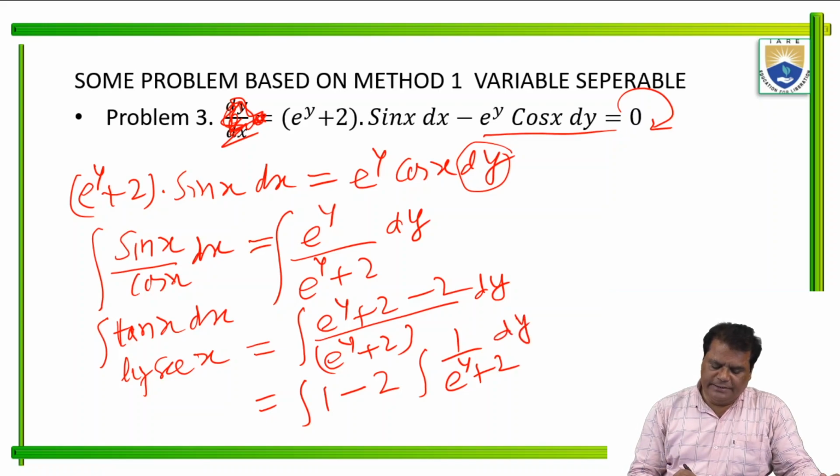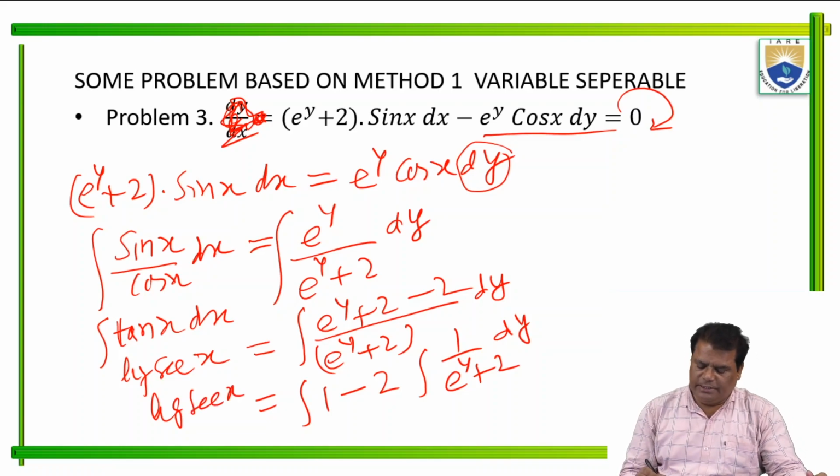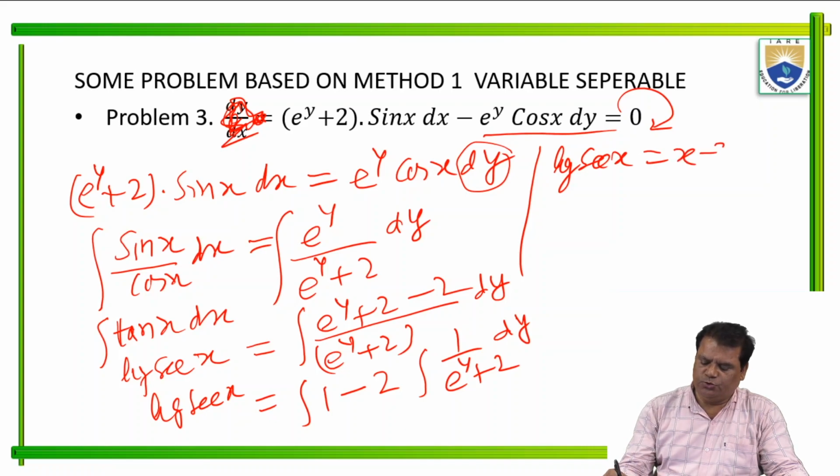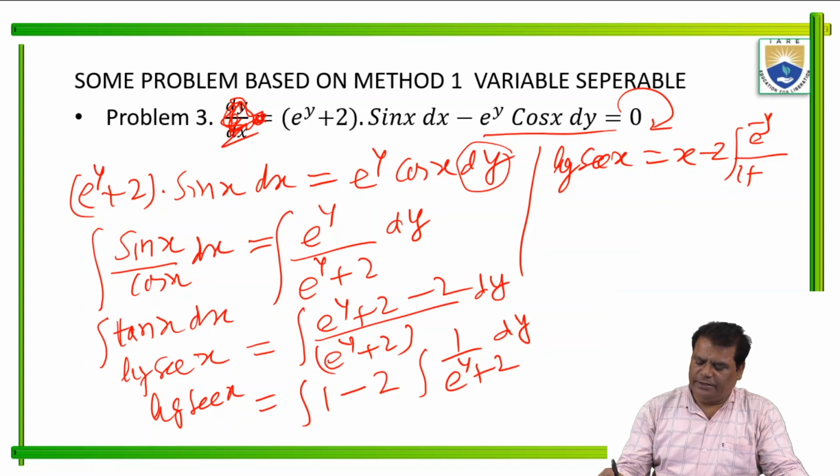Now integrating this gives log sec x. Here multiplying by e to the power minus y, log sec x equals x minus 2 times e to the power minus y upon 1 plus 2 e to the power minus y dy. Integrating this is the differential of this.